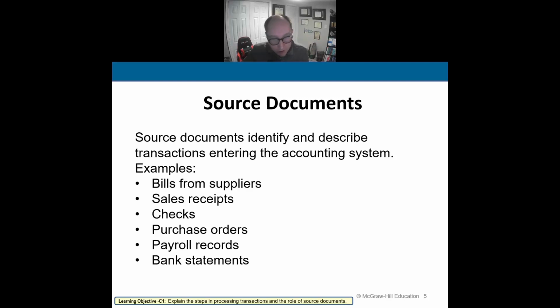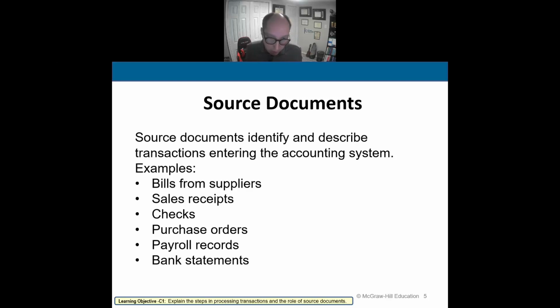An accounting system is like QuickBooks or M3 or Oracle or Excel, whatever. It's however you are keeping your books, right? Your accounting books. It is the system that maintains the transactions. It maintains the financial statements. That's what an accounting system is.